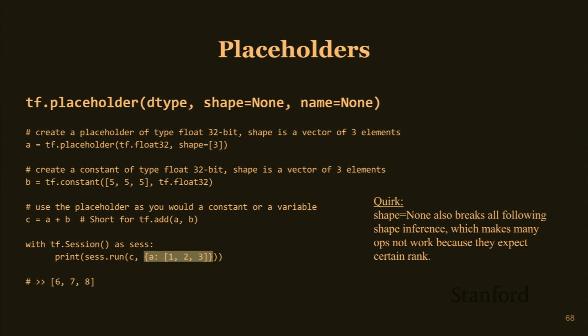For a lot of operations, especially matrix operations, it will only work with a tensor of specific rank. So sometimes you get an error that the tensor only works with rank above 2, and it's probably because you have too flexible a shape in the definition.